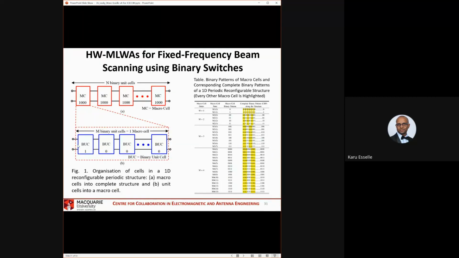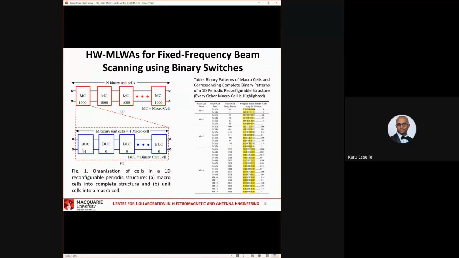So now the analysis sometimes can get complicated. So this is binary unit cell. Each piece in the antenna is a binary unit cell, right? So we represent each unit cell by this block. And depending on the state of the switch, it could be in state 1 or state 0. So the whole antenna is a series of binary unit cells.